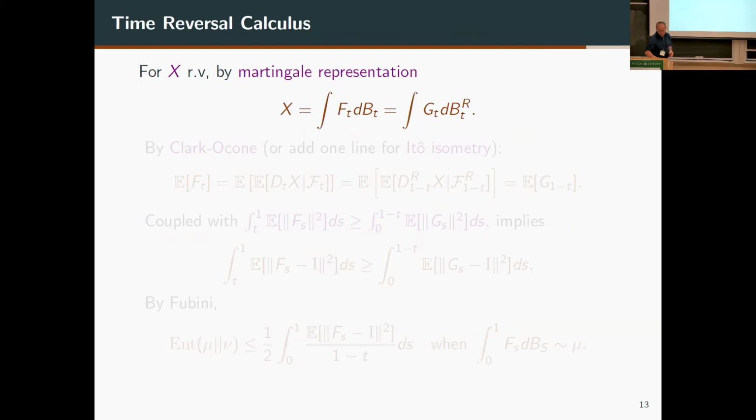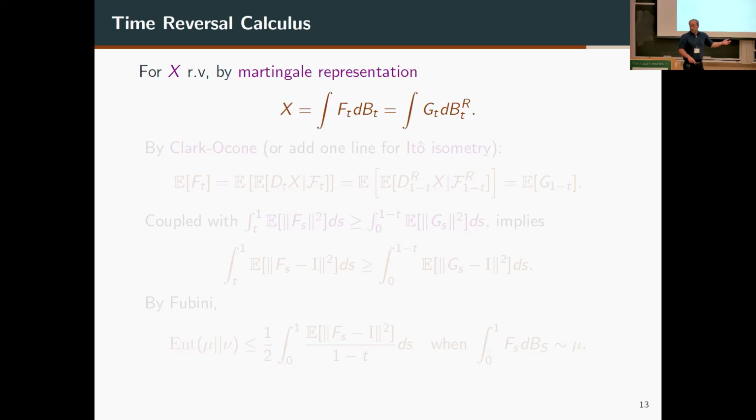But there's another more complicated way to think about it, which I think should be useful for other things. And this is the following. If we have any random variable on the Wiener space, suppose the endpoint of those processes, by the martingale representation theorem, it has a martingale representation with respect to the Brownian motion. So F_t is some diffusion coefficient which gives us the martingale representation.